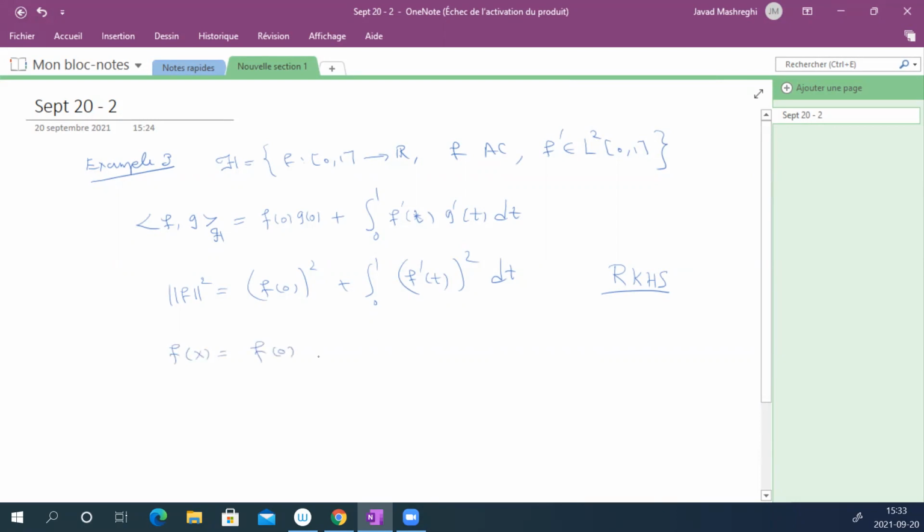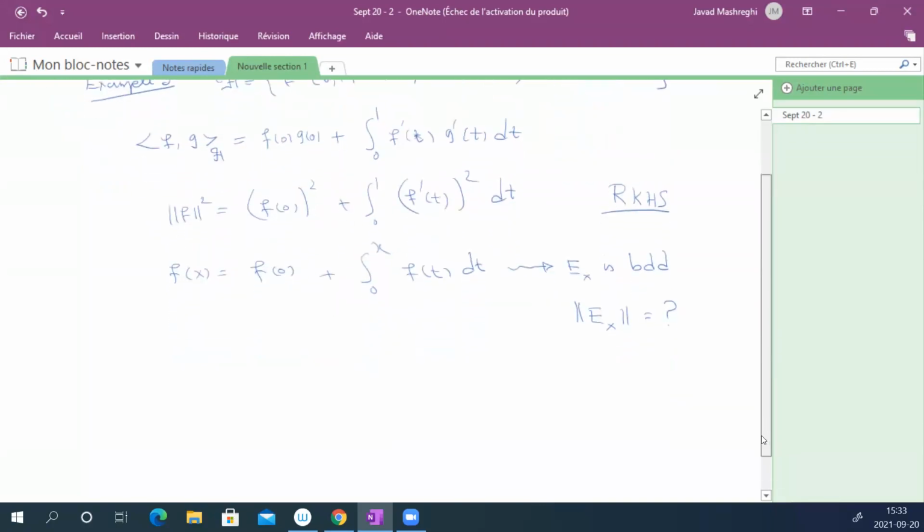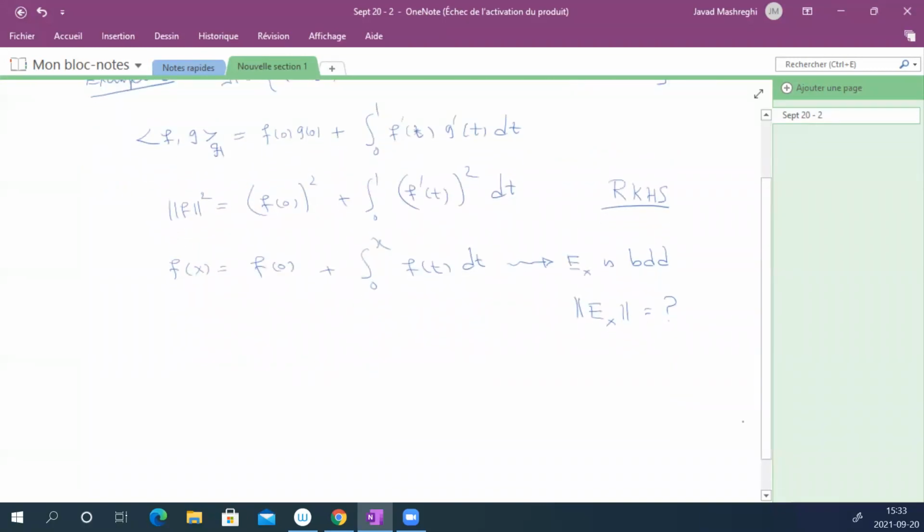Note that f of x is f of 0 plus the integral from 0 to x of f prime of t dt, and using this we can show that the evaluation e_x is bounded. And the question remains, what is the norm of e_x? We can provide some estimations as before, but instead of speculating different estimations, we are looking for k_x.